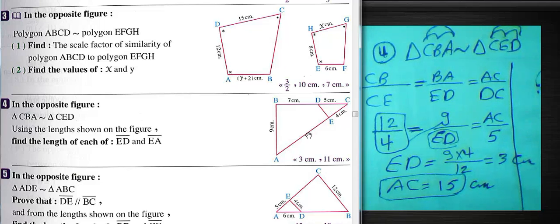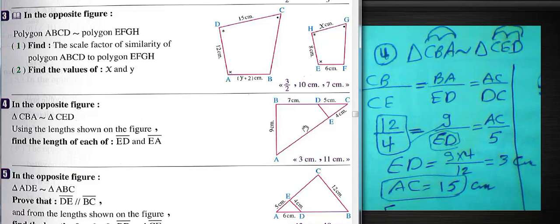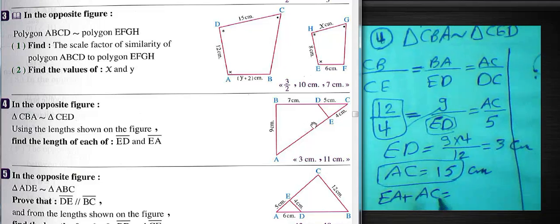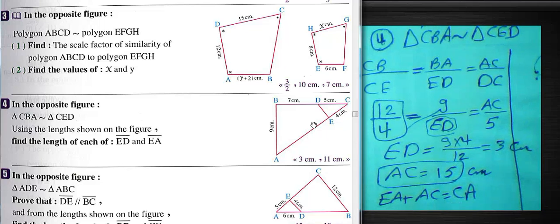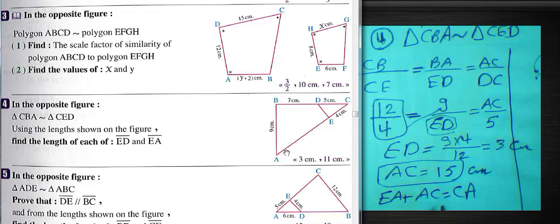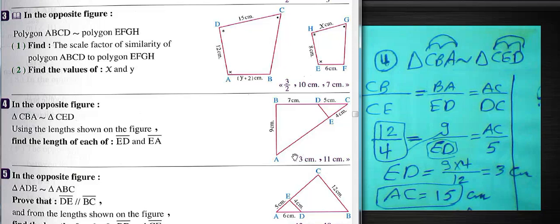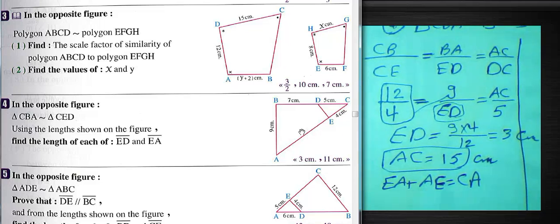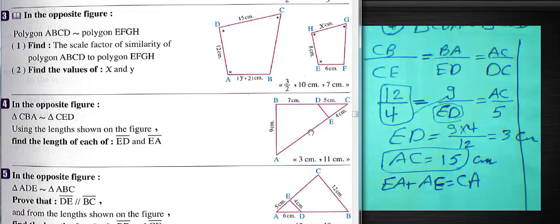Look here, we know EA plus EC equals CA. You know that? CA, again, sorry, CA. Look here with this hand, AC plus EA equals CA.